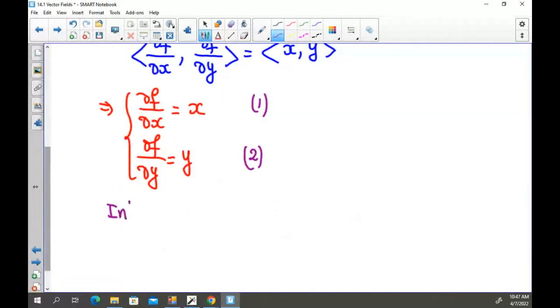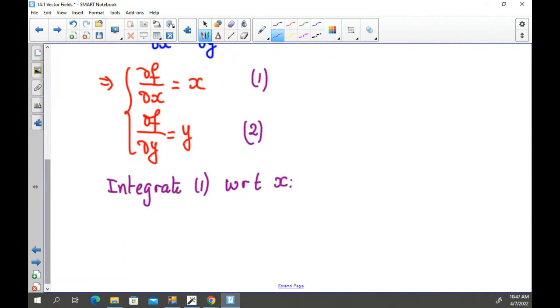What I will do is integrate equation 1 with respect to x. If you integrate df over dx with respect to x, you will get the function f, because when you integrate the derivative, you go back to the function.